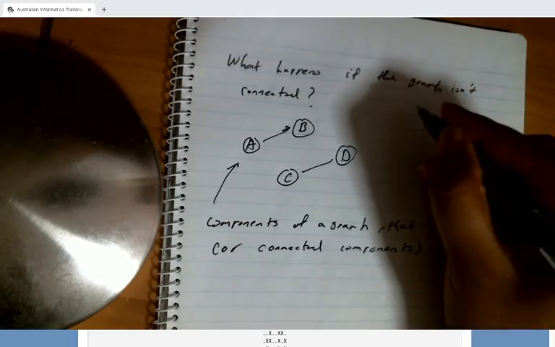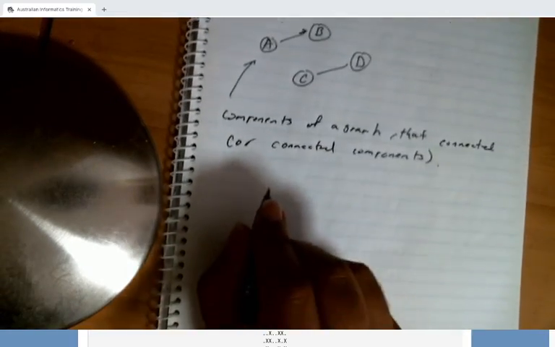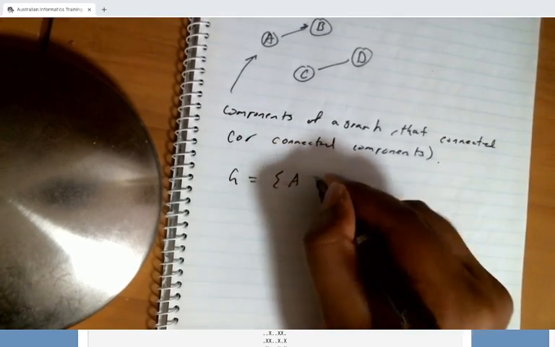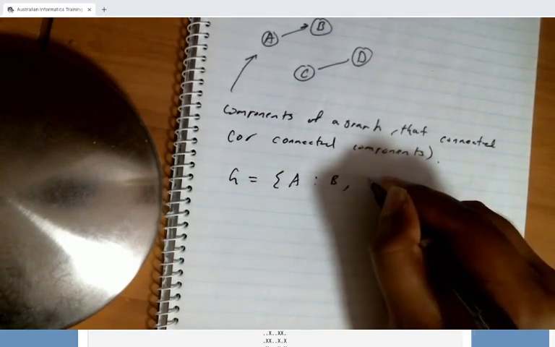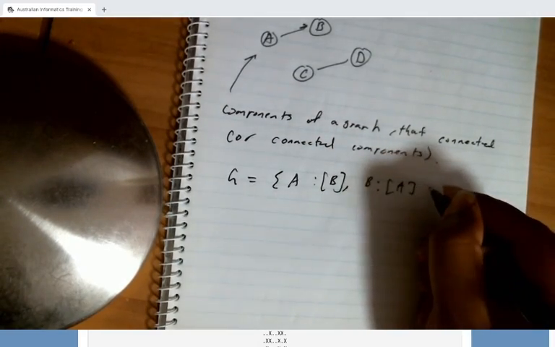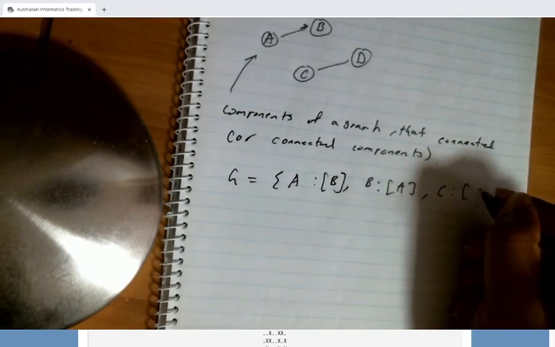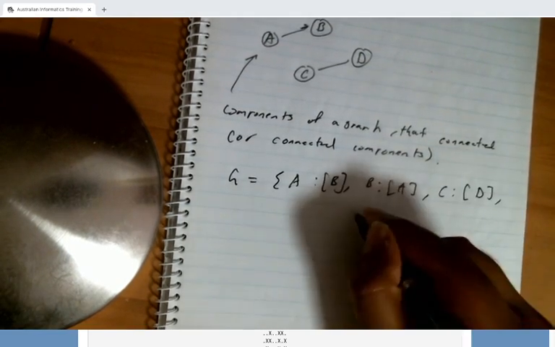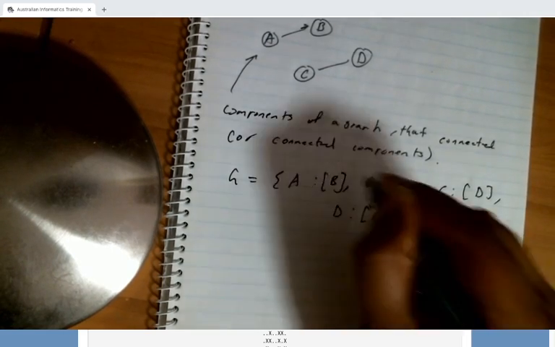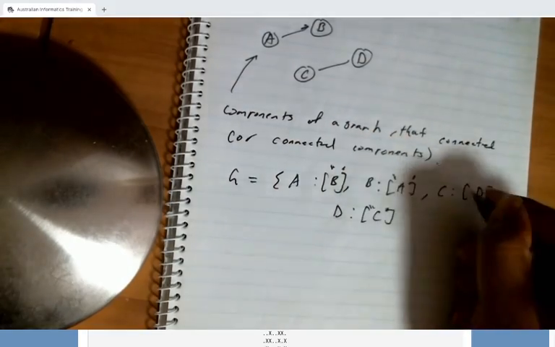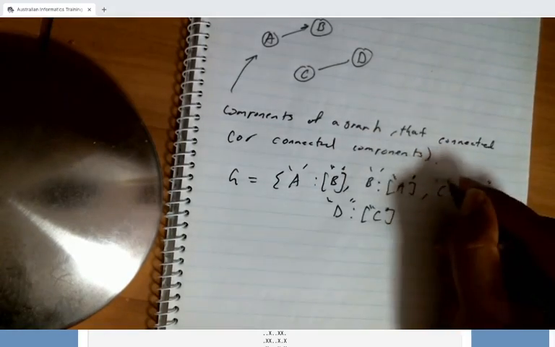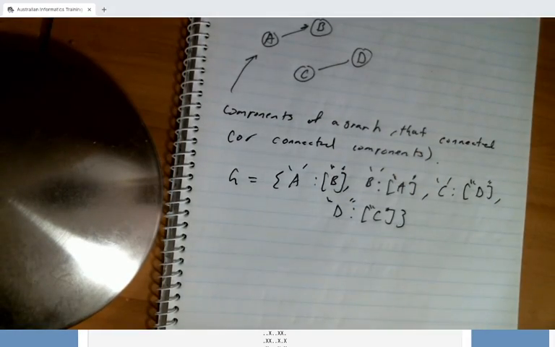So this graph, G, which we'll define in code as A being connected to B, B being connected to A, C is connected to D, and D is connected to C. So this is how we would write that in Python, right?